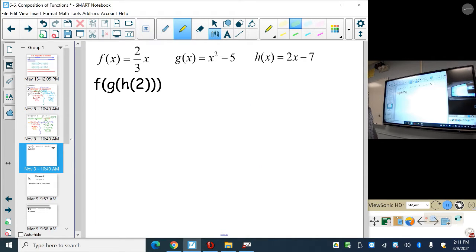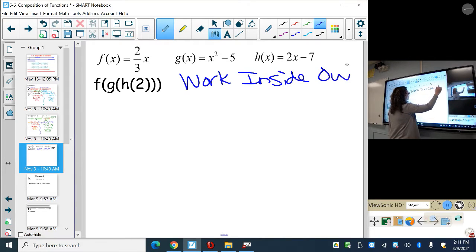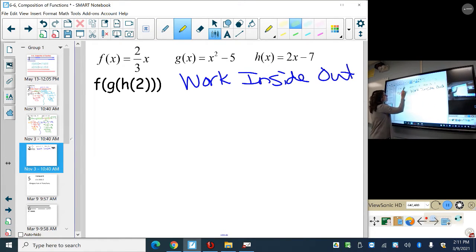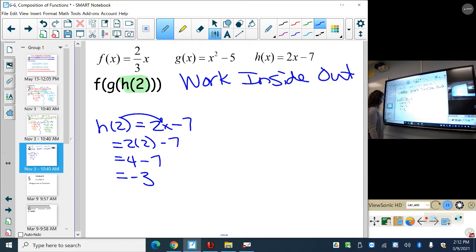Now, I give you 3 individual functions. You are going to do the same thing. You are going to work from the inside out. So if I'm working from the inside out, I'm going to do h at 2. So h at 2 is what I'm going to do. h is 2x minus 7. So that's 2 times 2 minus 7. 4 minus 7 is negative 3. Okay?